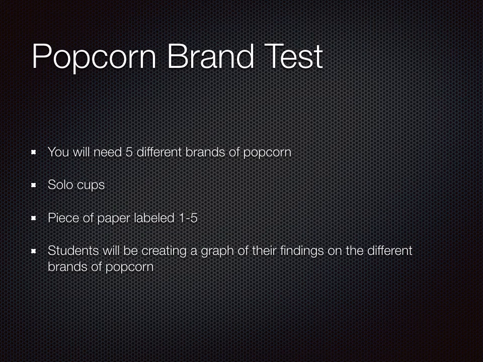For the popcorn brand test, this is going to be a fun activity for the students. It's still going to be work, but it's going to be fun work. You're going to need 5 different brands of popcorn. If you can't find 5, 4 is fine, 3 is even fine, but you're going to want a couple because the students will be making bar graphs and a chart based on what they think the brands are.